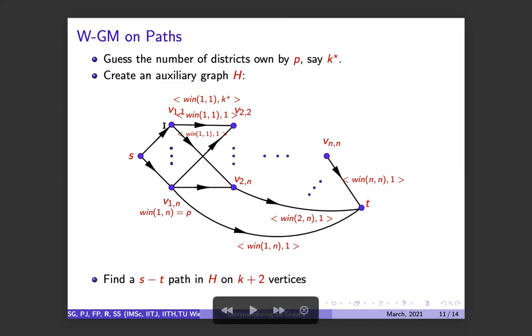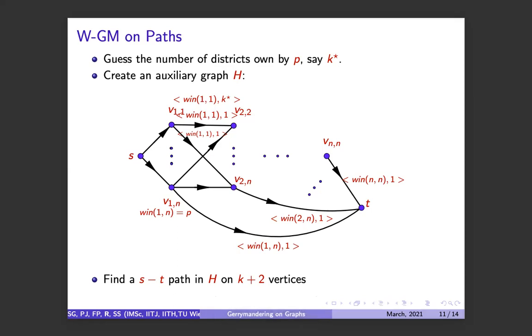Every district here has some winner, so I want to label these arcs with the winner of the district. The arcs going out of the vertex V2n must be labeled with the winner of the district V2n, and an arc going out of V1n must be labeled with the winner of the district V1n, and so on. But if the winner of the district is my preferred candidate, then I keep the arc unlabeled.